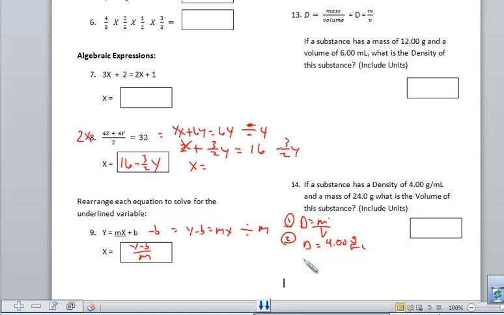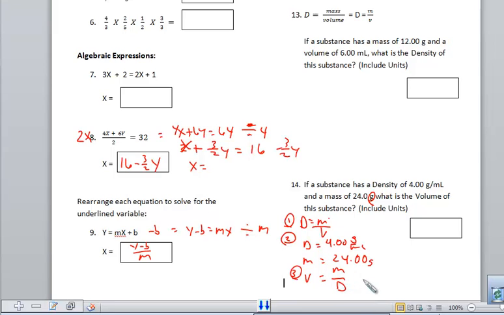And here you have the mass, you know it's the mass because it's given to you in grams, 24.00 grams. That's step 2. Step 3 is identify the unknown variable. In this case, it's volume, and you rearrange the equation without using the numbers yet, so that you solve for v. And v then equals m over d.